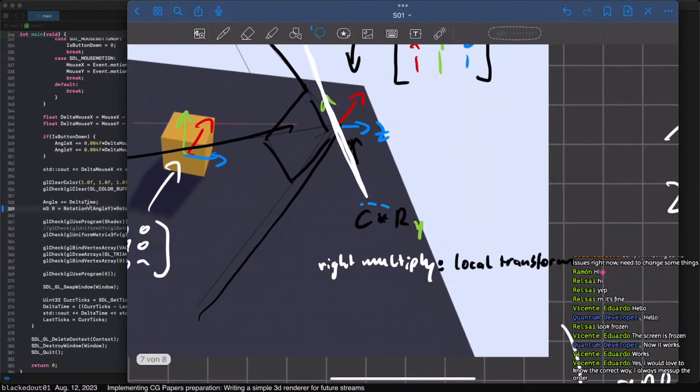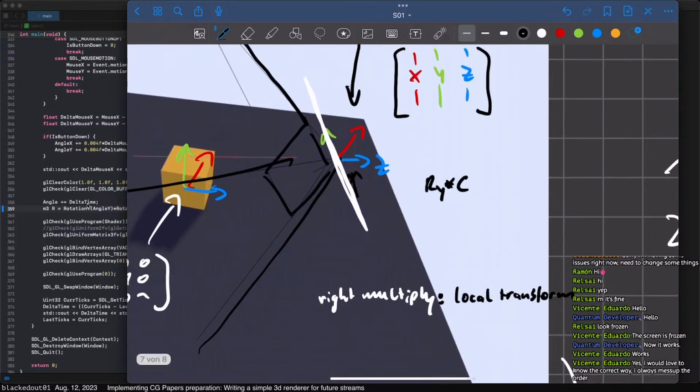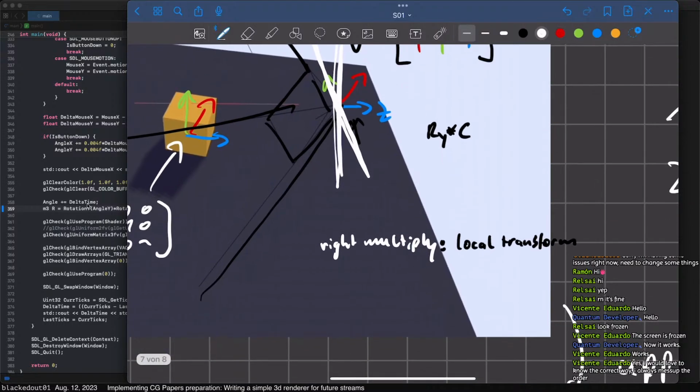And now maybe you can already guess what the other rotation might do. So if we multiply this rotation matrix from the left, then we rotate around the global axis. Yeah, and that's one thing how you can imagine what these transformations do.